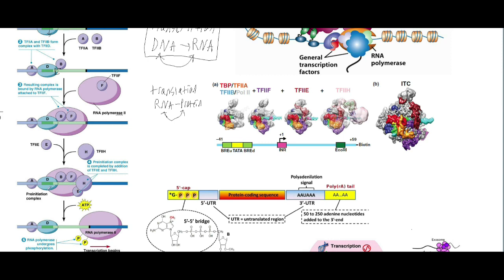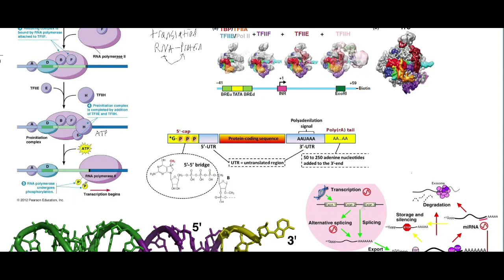And then what happens is the TF2H has an ATP, or it can use ATP to actually phosphorylate the RNA polymerase.